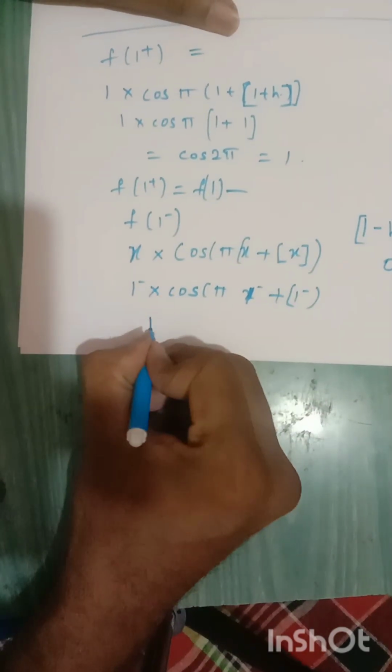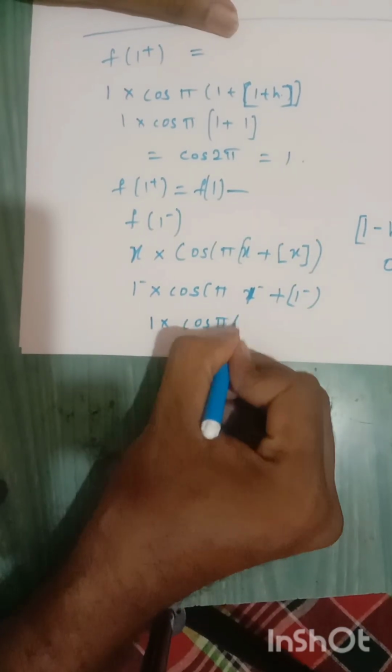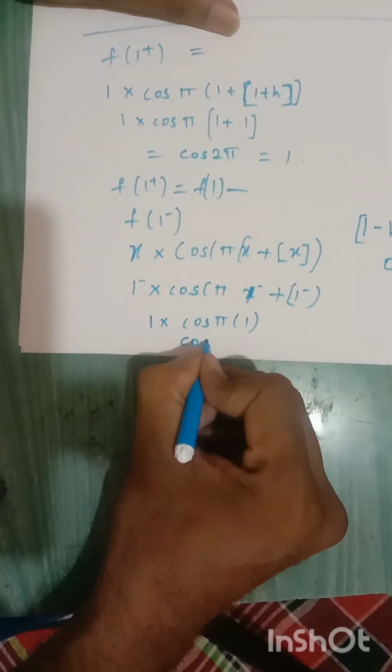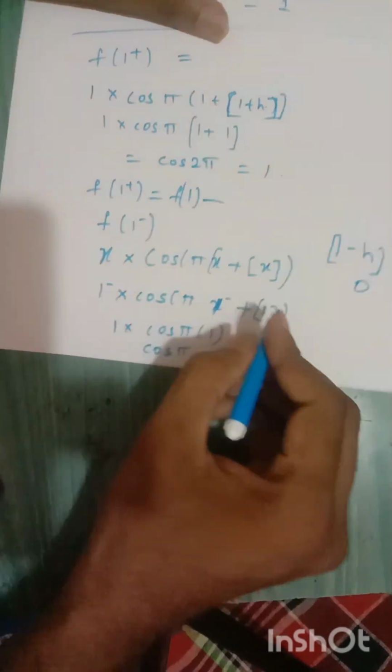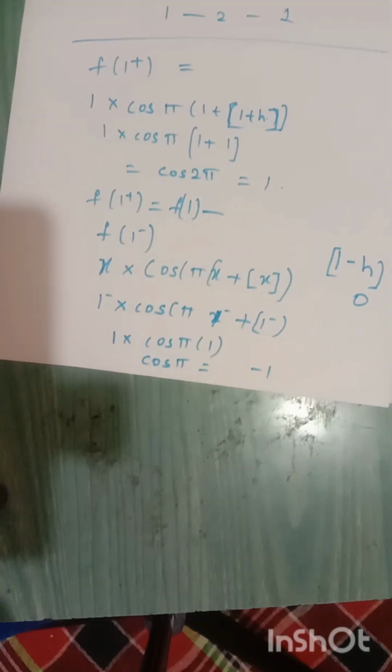And here it will be 1 into cos(π·1), and cos π is equal to −1, you know this. So here it is −1.